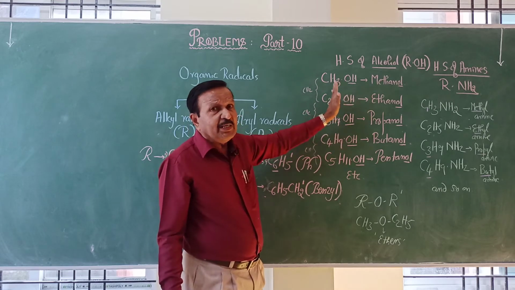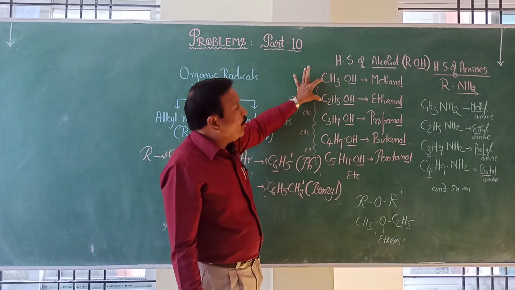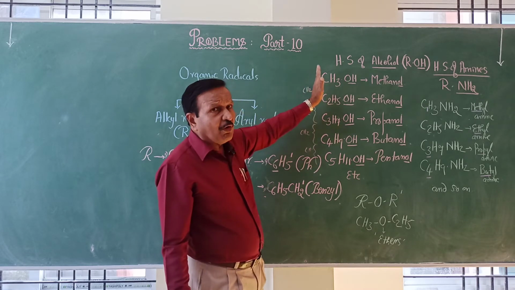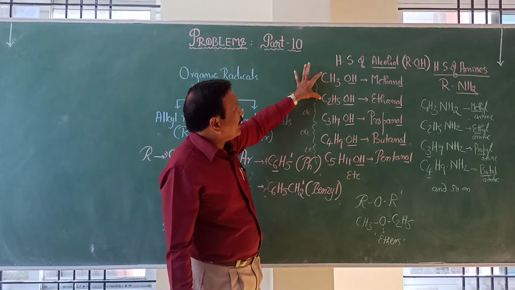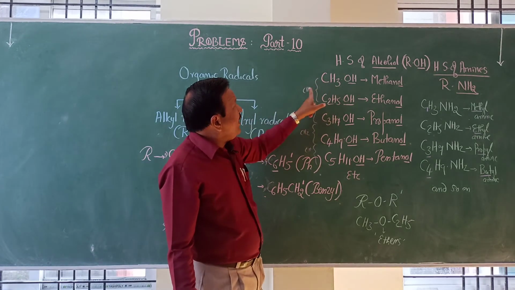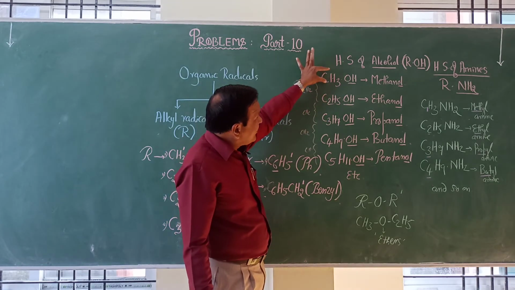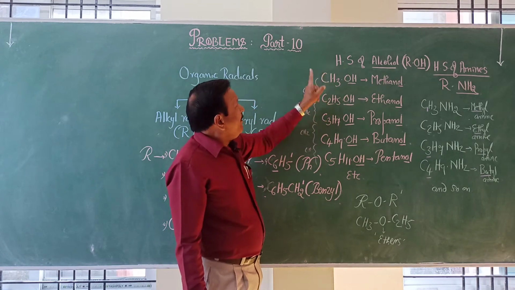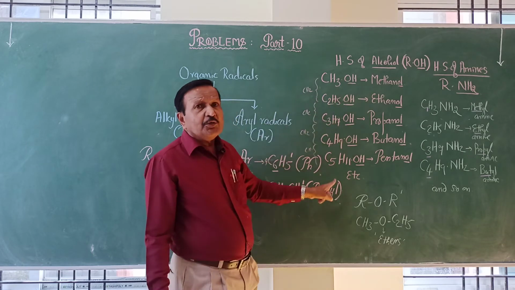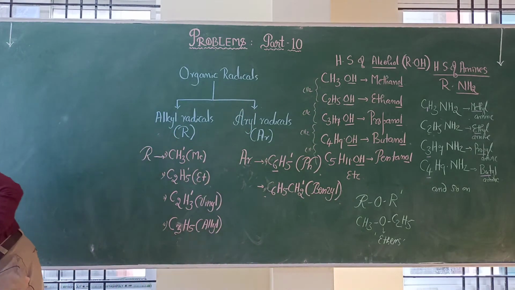And the difference between two neighbors in the molecular formula will be one carbon atom and two hydrogen atoms. If you remember the first compound, then by adding a CH2 group, you can prepare that series, which is called homologous series.